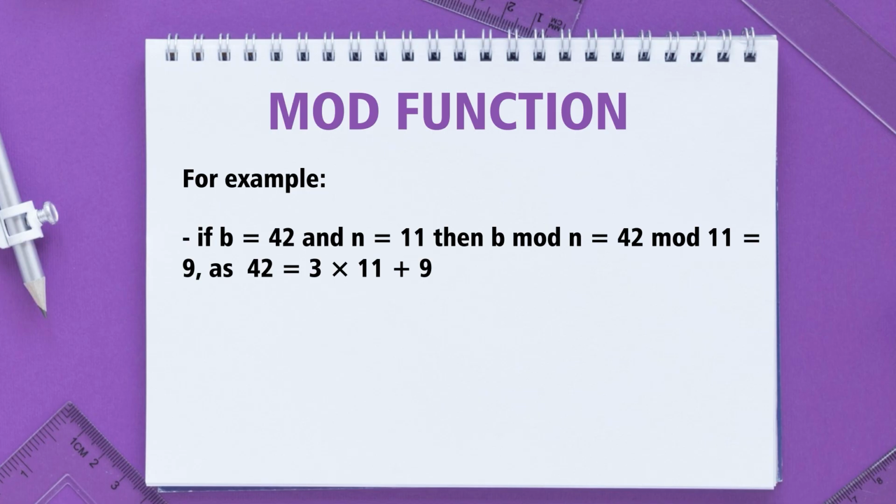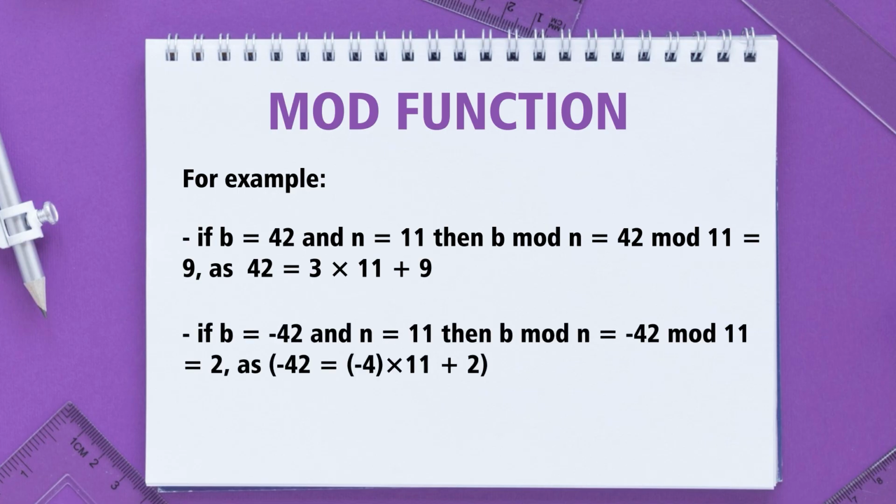So the remainder is 9. So that is how the mod function works. You divide basically, and the quotient is not shown in this particular case. The quotient is actually 3 and you show the remainder.